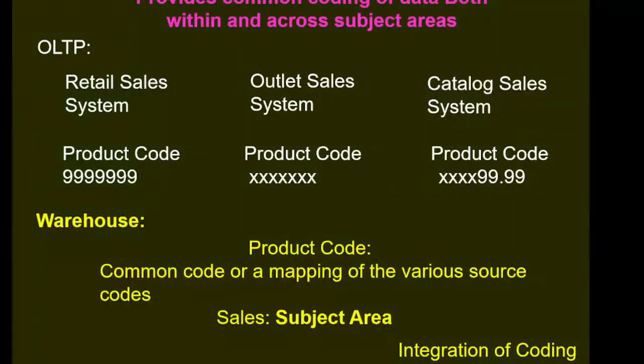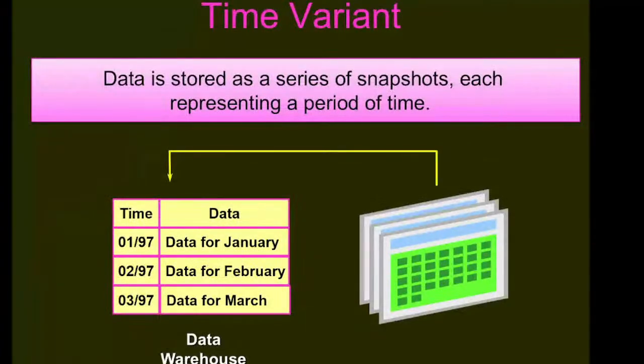Then the next one is time variant. Time variant means data is stored in a series of time snapshots, each representing a period of time. Suppose you take sales data: at the end of January, I will put summaries of all January sales data.